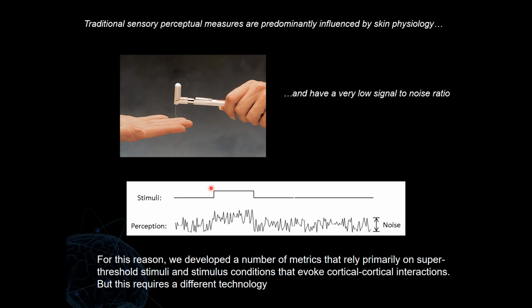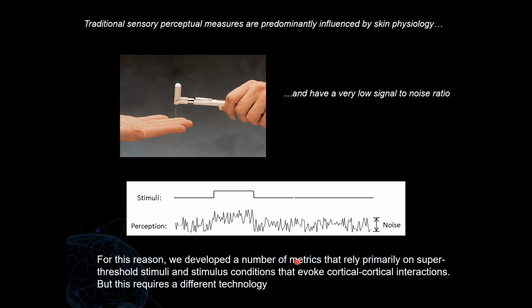Basically, they were so focused on skin stimulation, on very minor stimuli that are very small. If the stimulus is very small, this is basically what the person would feel. It would be buried in the noise. And that was what most people were concerned with.